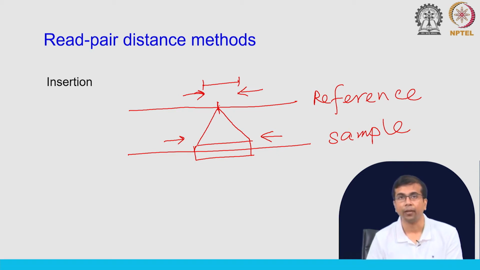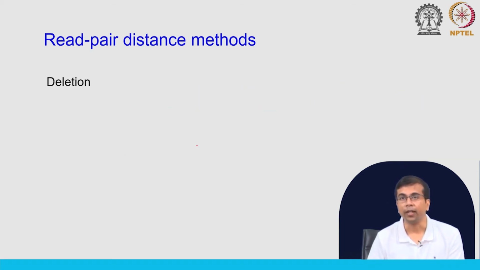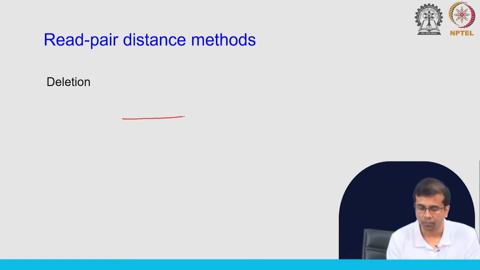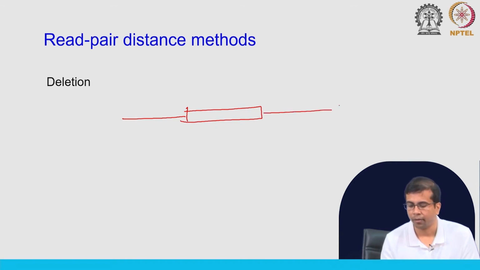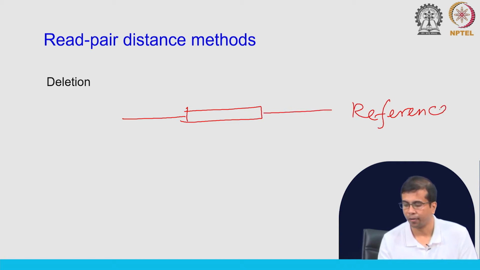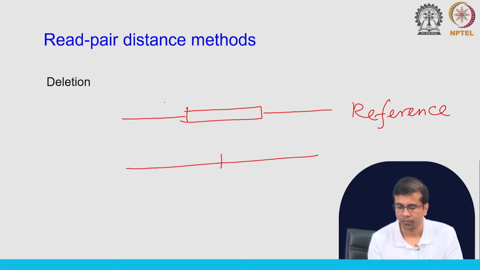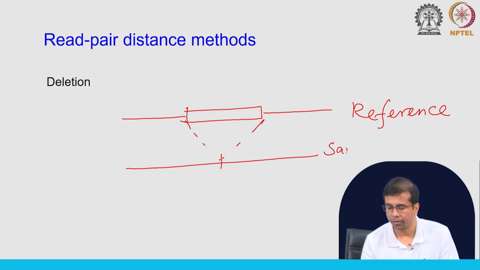Now, let us think about the deletion case. What will happen in the case of deletion? Imagine this is the reference genome, and imagine this region is deleted in the sample sequence.